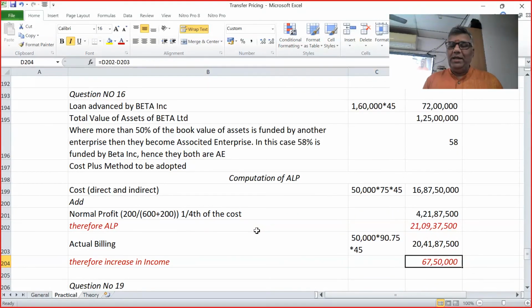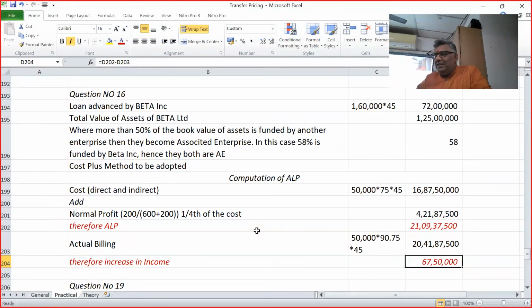Therefore, increase in income by 67,50,000. One of the questions I am taking as an example. I have sold goods or transacted with my AE. Please understand very patiently.